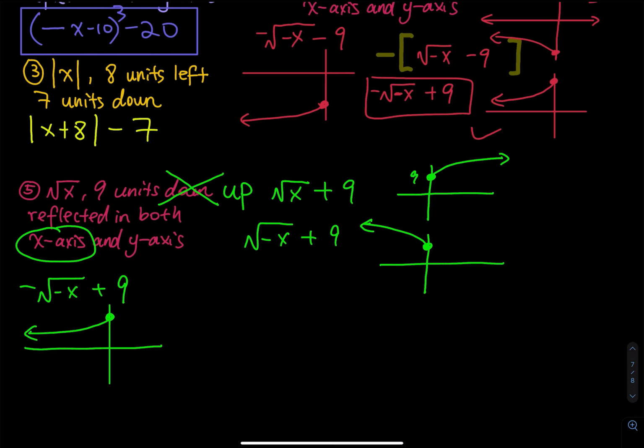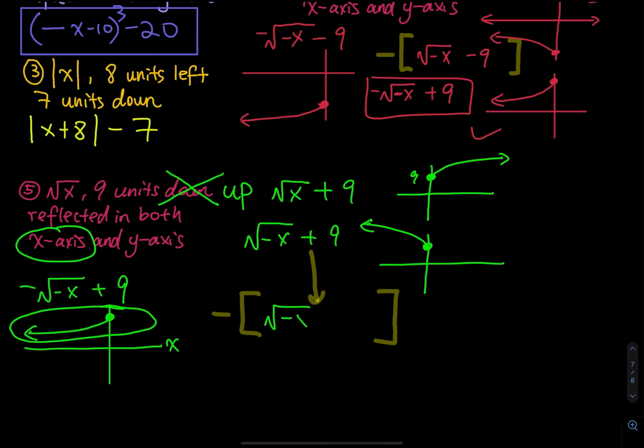Is this a reflection in the x-axis? The x-axis is over here. That is not a reflection. For reflection, you should kick the whole thing below the x-axis. How do you do that? What you have to do is negate the entire function, not just this piece. So negative, square root of negative x plus 9, which gives you negative square root of negative x plus 9 with the negative out front.